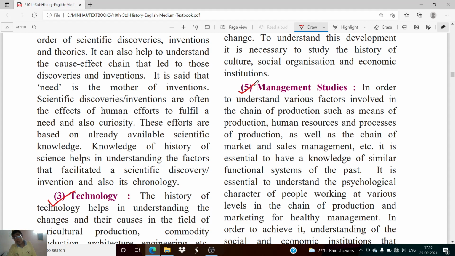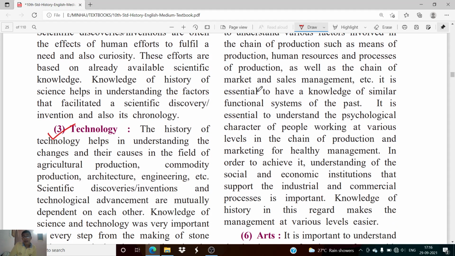It is essential to understand the psychological character of people working at various levels in the chain of production and marketing for healthy management. In order to achieve it, understanding of the social and economic institutions that support the industrial and commercial processes is important. Knowledge of history in this regard makes the management at various levels easier.